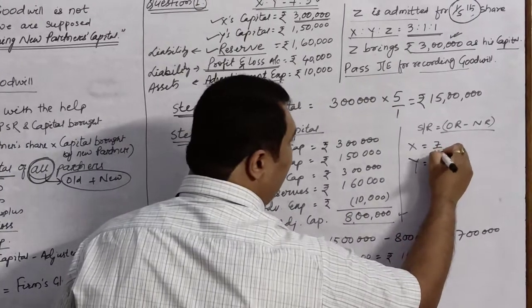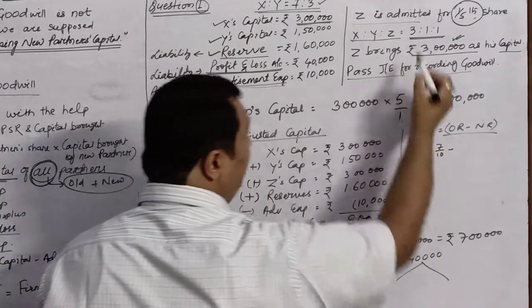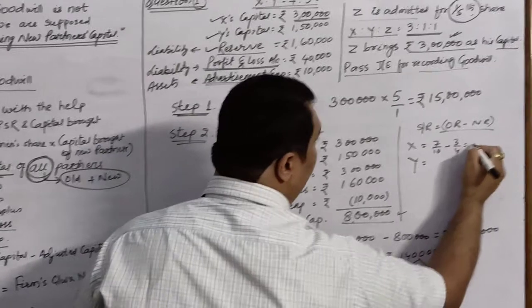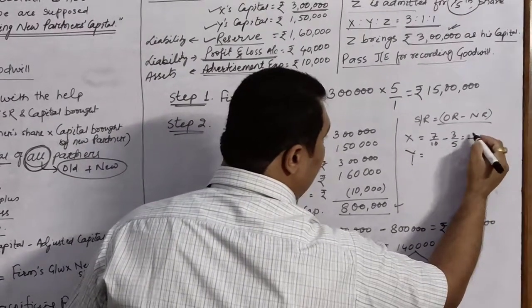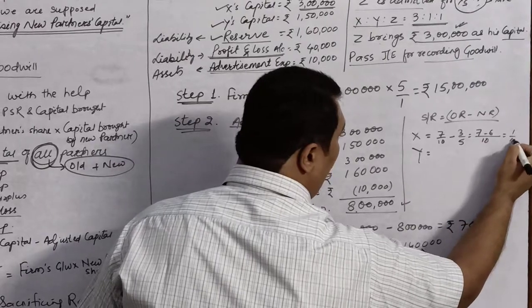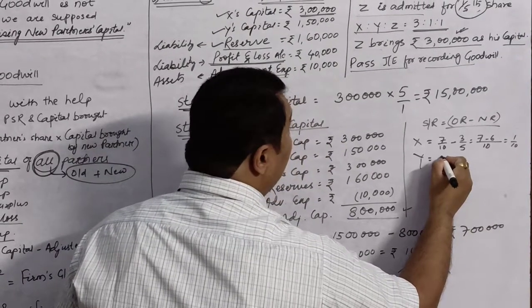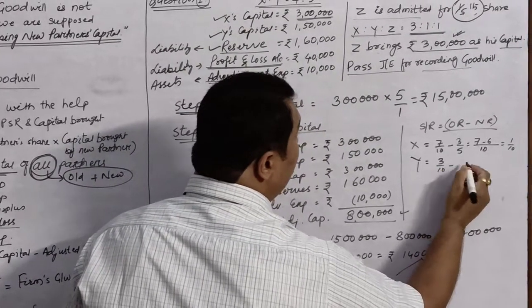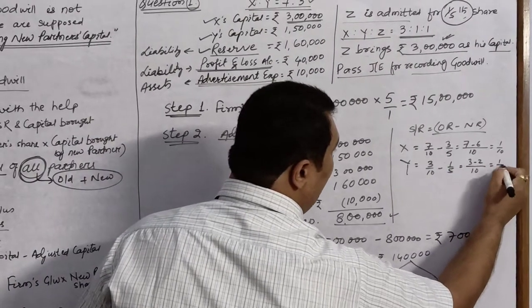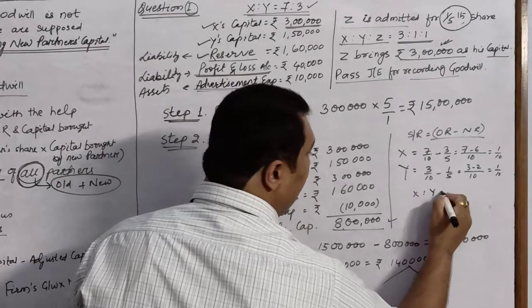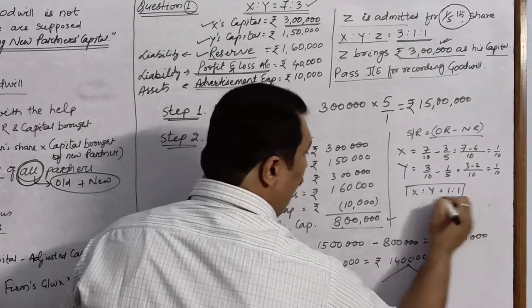Old ratio 7/10 minus new ratio 3/5. When we take the LCM, 10, 7 minus 6, 1/10. And Y's old ratio is 3/10 and new ratio is 1/5. When we take the LCM, it is 1/10. That means the sacrificing ratio is 1:1.